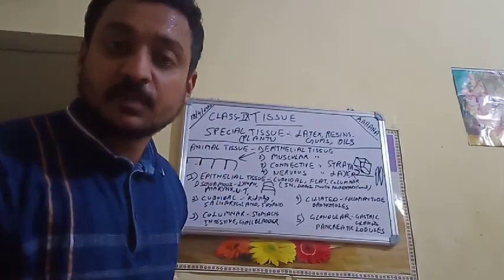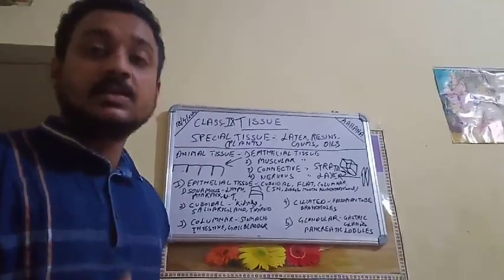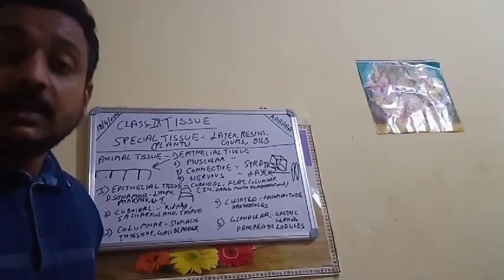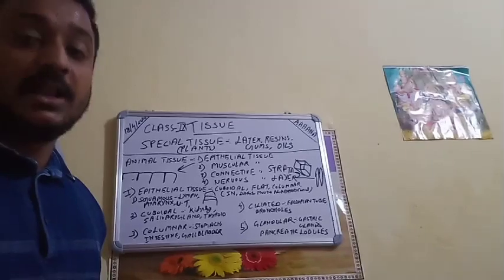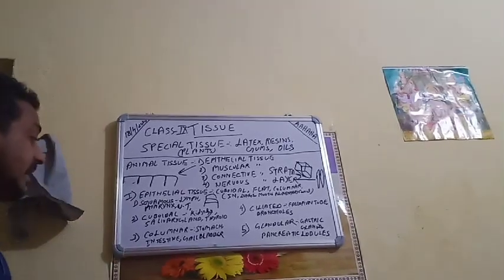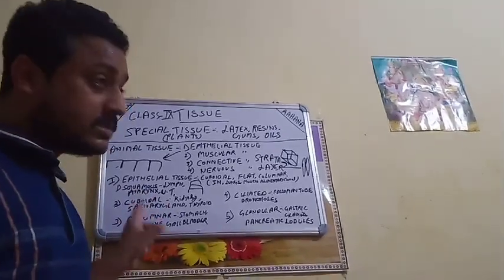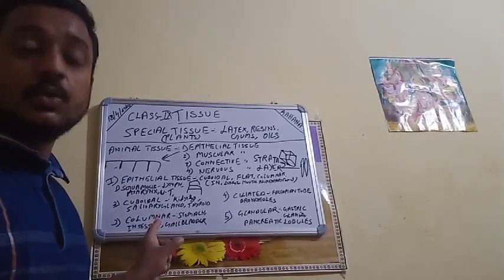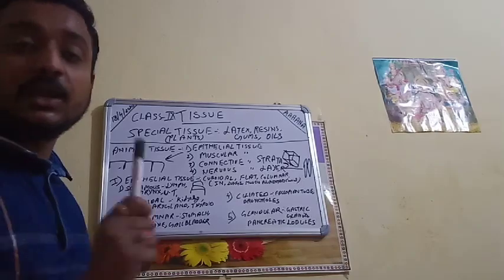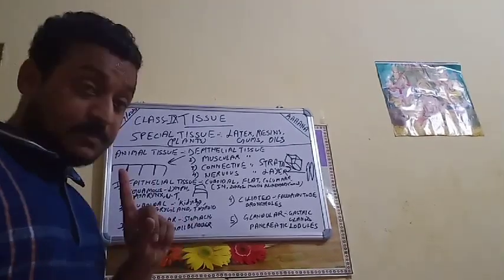Malfunction means a bad function from the intestine. It will rather help the intestine to digest the food. In the gallbladder, it will help to store the bile juice. Apart from this, the columnar tissue also gives support to other tissue, as well as protects the delicate organs in our body where it is present.